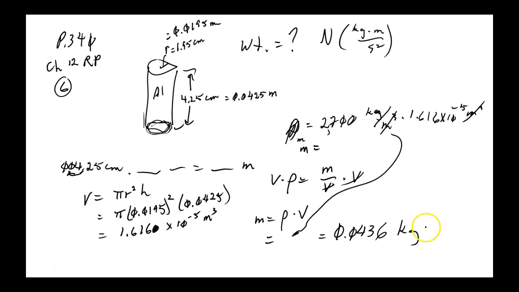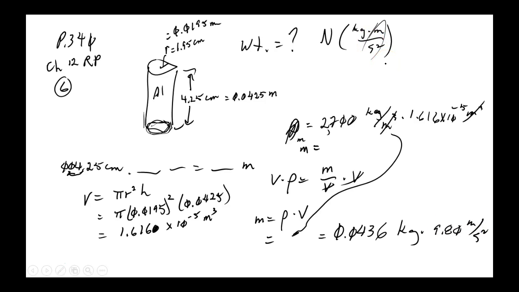Okay, then multiply that by what to get newtons? It's kilogram times some acceleration. What acceleration might that be? Gravity. Yes, acceleration due to gravity, which is 9.8, 9.80, I think the book uses, meters per second squared.